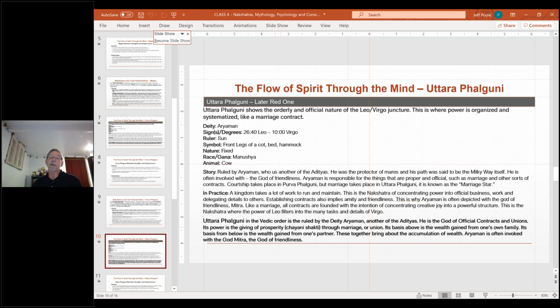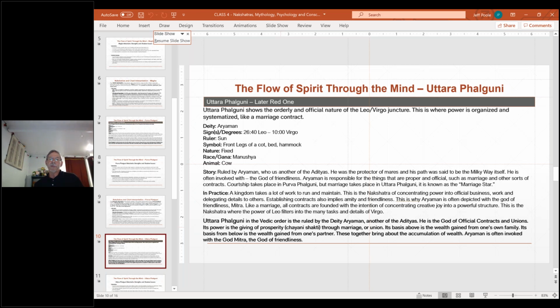Like in a marriage, all these contracts are founded with the intention of concentrating our creative joy into a powerful structure that becomes a family, becomes a marriage. And this is the nakshatra where the power of Leo filters into all those detailed tasks of Virgo.